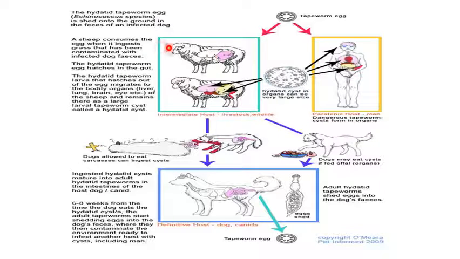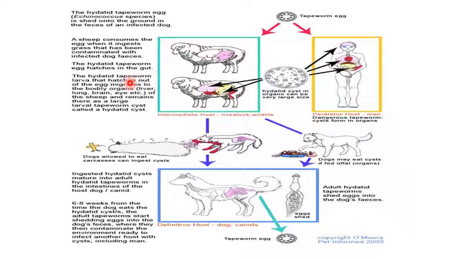Here, as you see, the hydatid tapeworm egg, Echinococcus species, is shed onto the ground in the feces of an infected dog. The tapeworm egg is taken by man or by sheep. A sheep consumes the egg when it ingests grass that has been contaminated with the infected dog's feces. The hydatid tapeworm egg hatches in the gut.